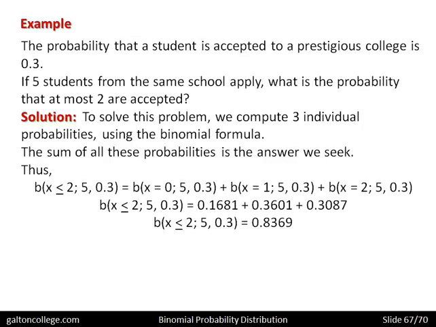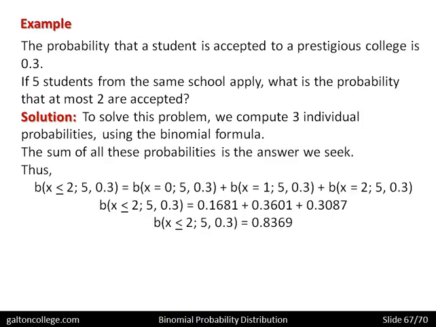So the probability of no boys getting in, x equals 0, probability of 1 boy getting in, or 2. So what we've got then is that string of binomial expressions. B, x is less than or equal to 2.